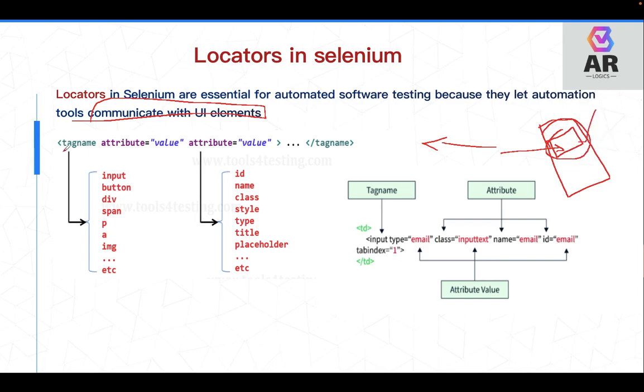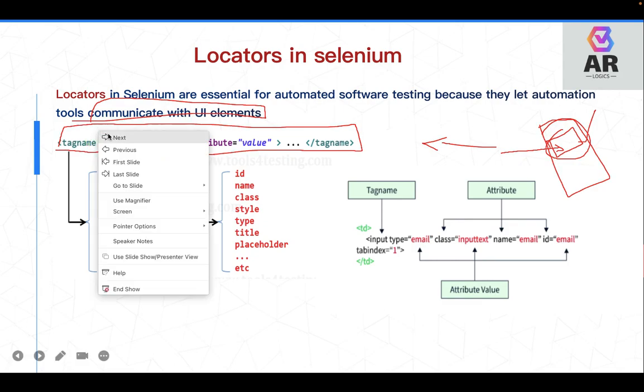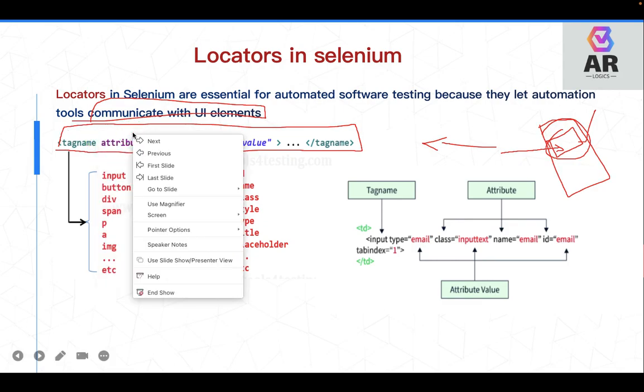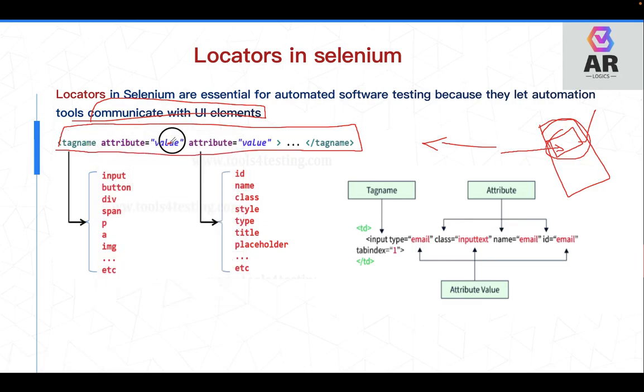So here, in the DOM structure, there is a tag name and attribute values. Tag names are like button, div, span, p, a, image, etc. Remember the tag name: every tag starts with these things only.